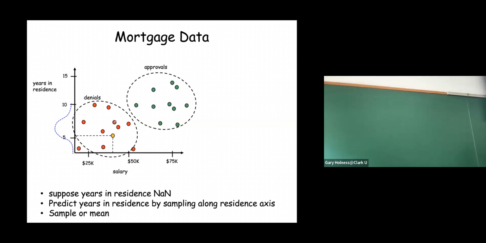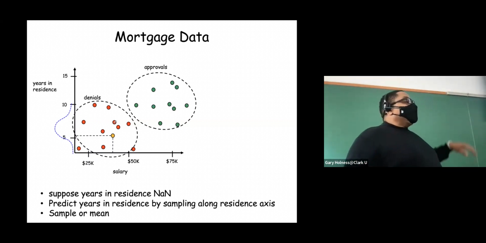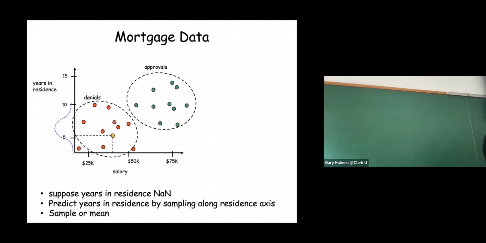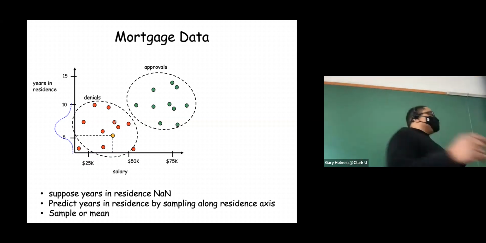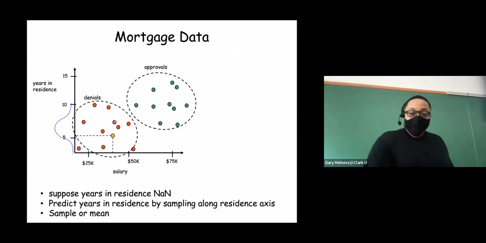And the reason why doing it this way using clustering is because if you have two subgroups, there's different averages and different variances for the salary for the denials group versus the approvals group. So you can, with more specificity, fill in these missing values instead of just substituting a sample or mean from the entire data set, because this data set is structured. It's two subgroups. Does that make sense? Any questions? No? All right.